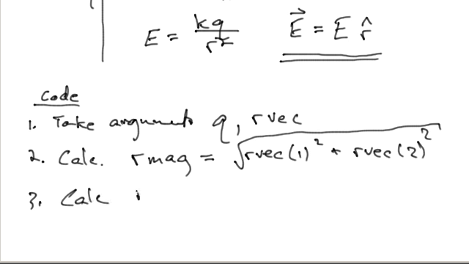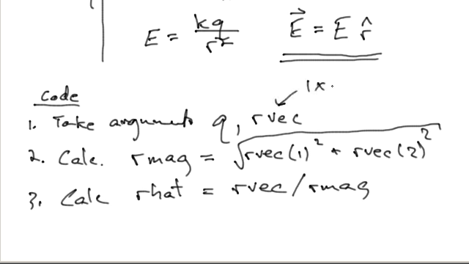Calculate r hat. I'll use r hat as the name of the unit vector, which is equal to rvec divided by r mag. So this is a 1 by 2. First element contains x, the second y, and I'm thinking of it as x times I plus y times j, but it's just a 2-element array.